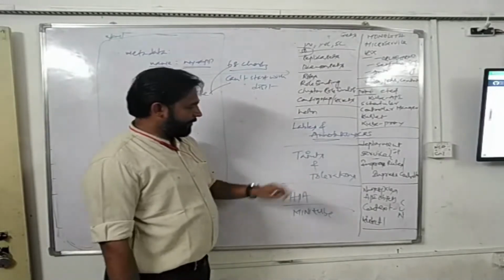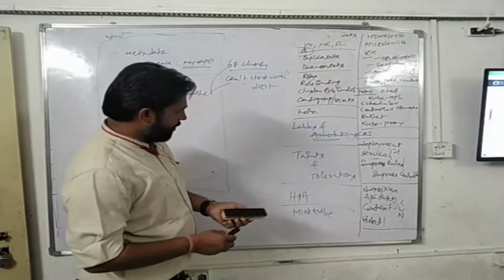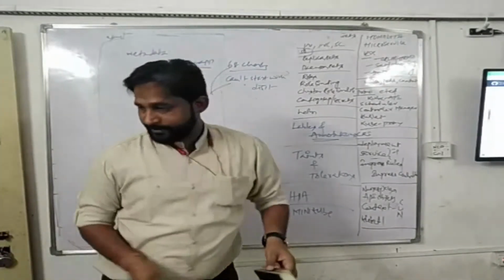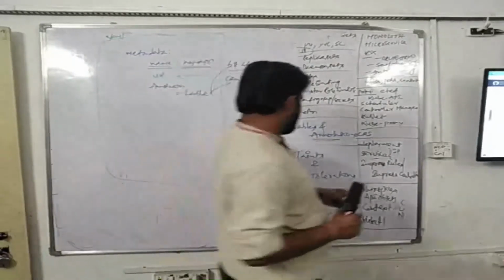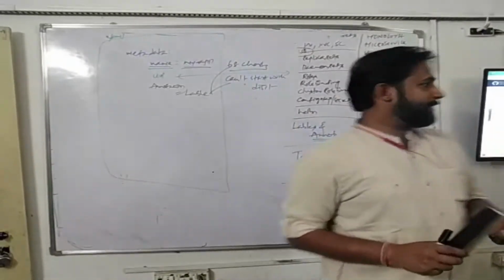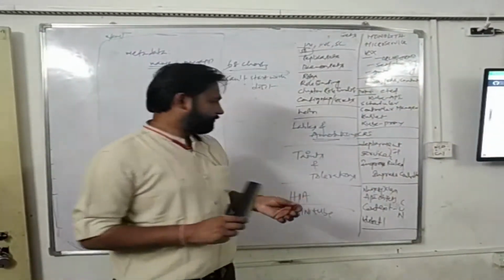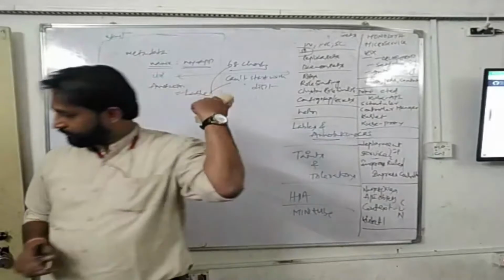And this is more important. Taints and tolerations. What's a taint? Taint, general English. Anybody?